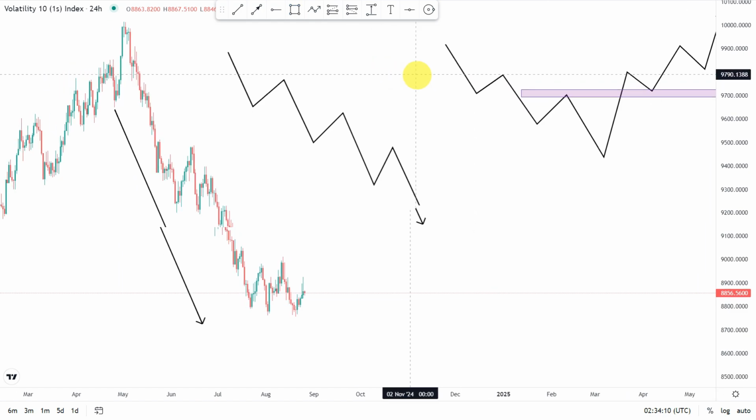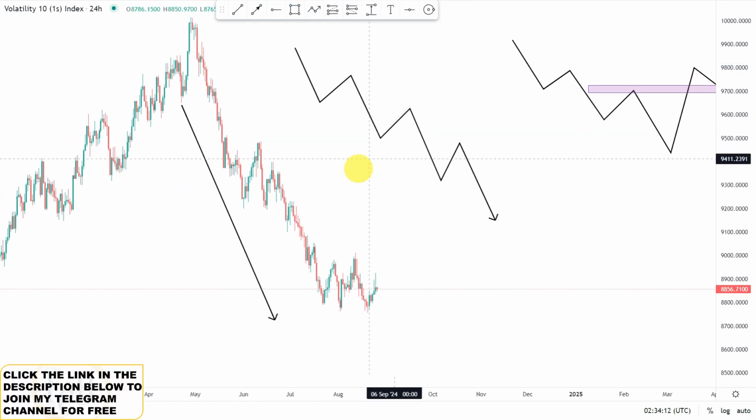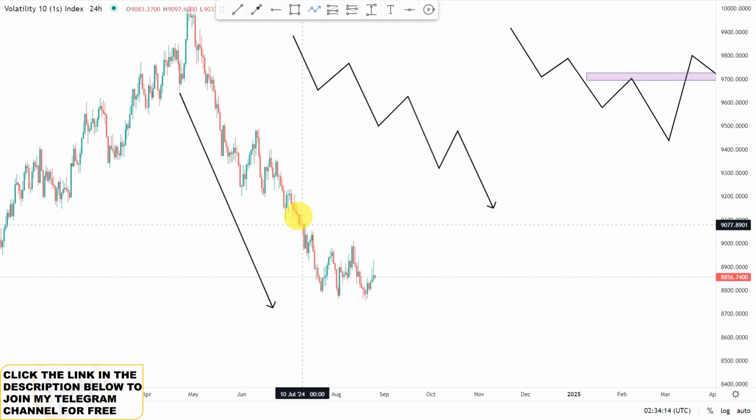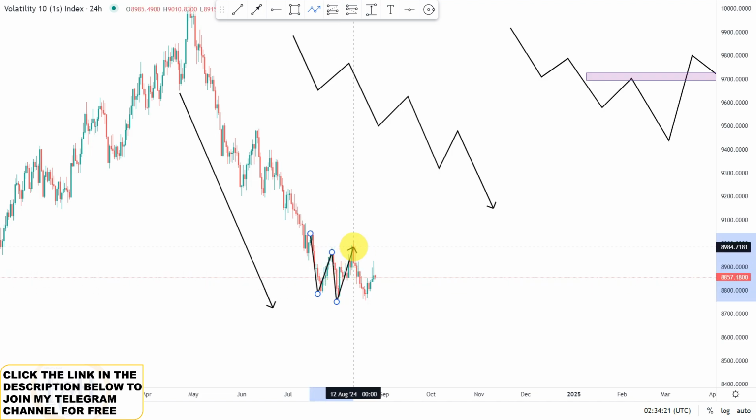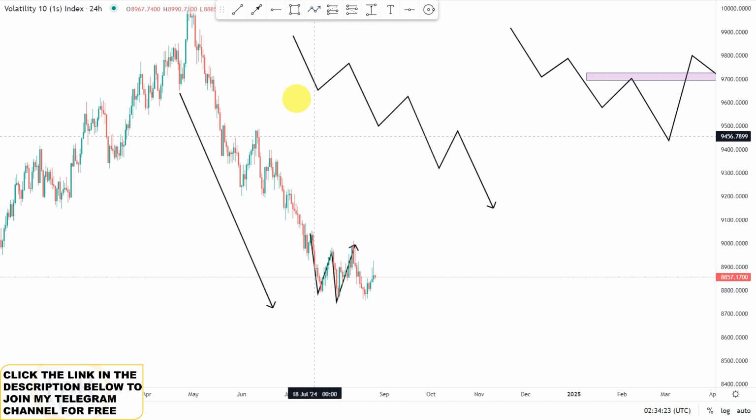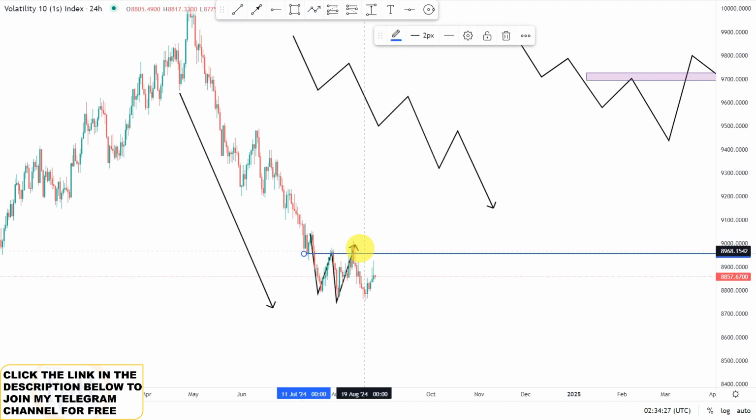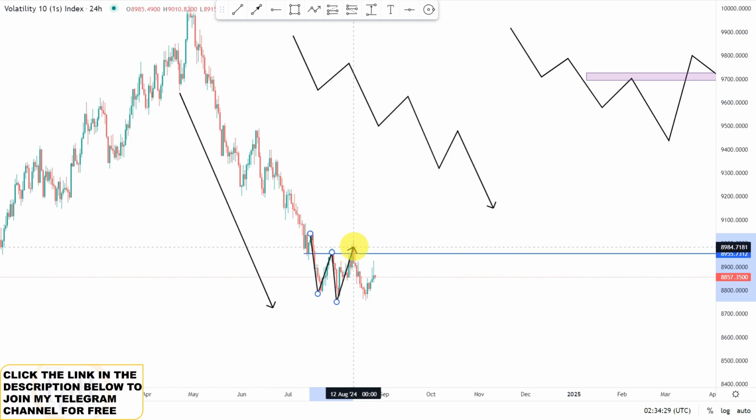Now getting back to our charts right here, it can be seen that this market was moving, providing you a series of lower low, lower high, lower low, and the market right here broke this previous lower high, marking this area as a shift of the market structure.